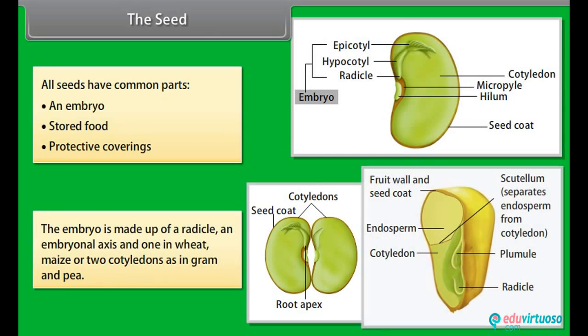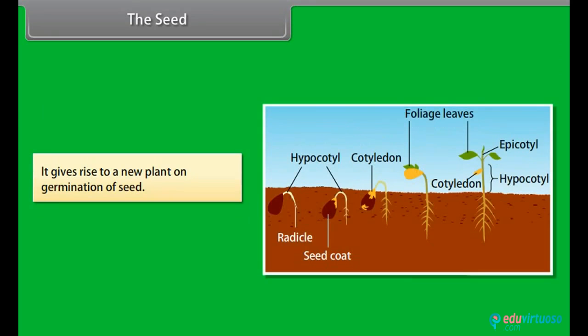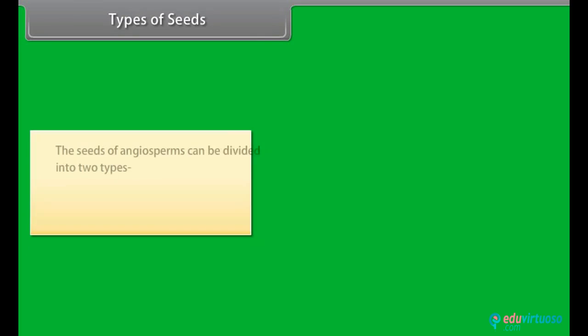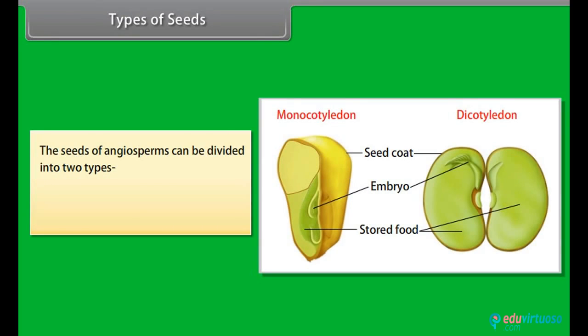The embryo is made up of a radicle, an embryonal axis, and one cotyledon as in wheat and maize, or two cotyledons as in gram and pea. It gives rise to a new plant on germination of seed. Types of seeds. The seeds of angiosperms can be divided into two types: monocotyledonous seeds, dicotyledonous seeds.